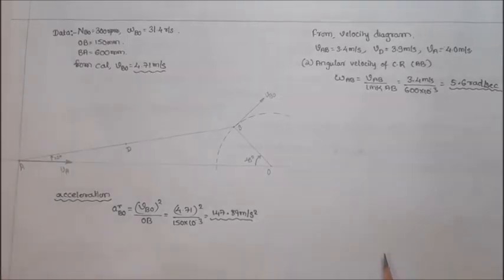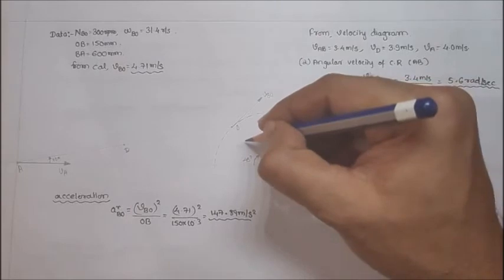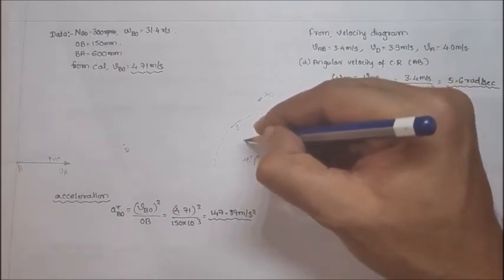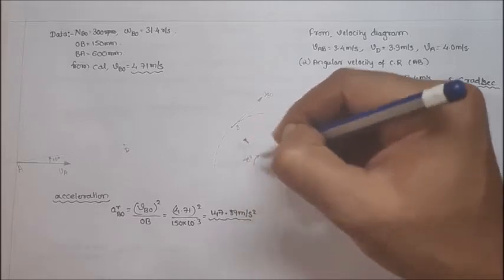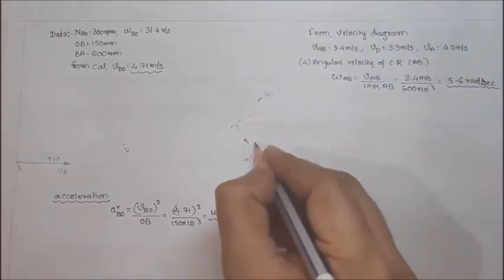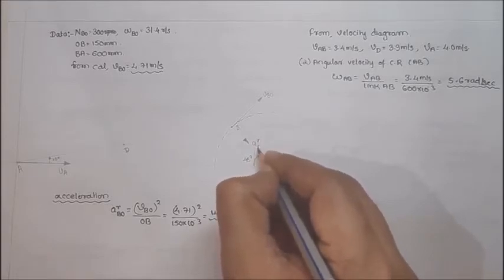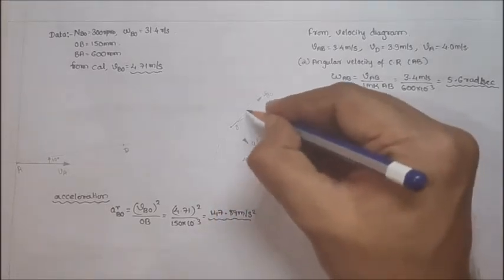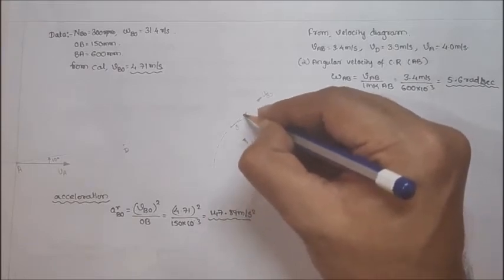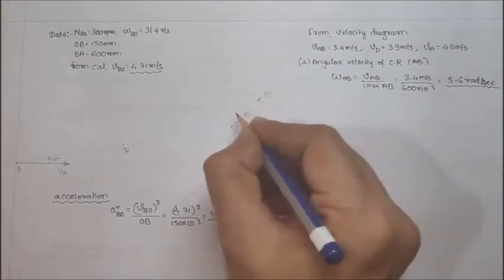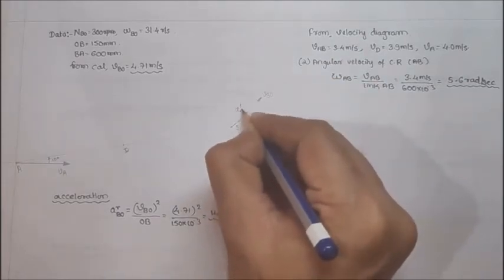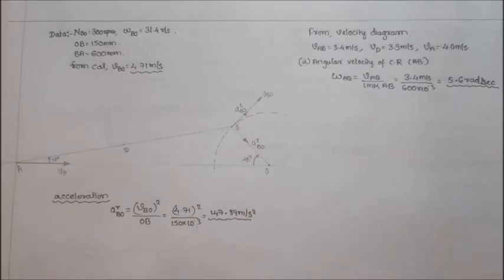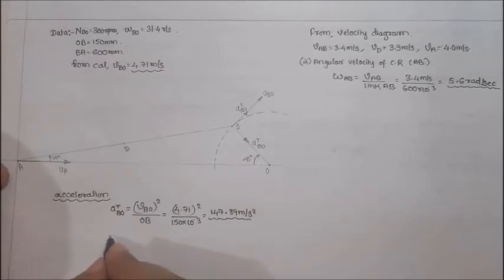So where will be the radial acceleration? Radial acceleration will be towards the center O. So this one will be written as a radial of B with respect to O, and the tangential will be in this direction, the acceleration tangential of B with respect to O. But as the crank is rotating at a uniform speed, the acceleration tangential of B with respect to O will be equal to 0.